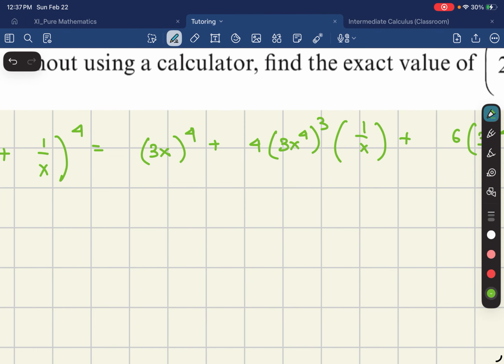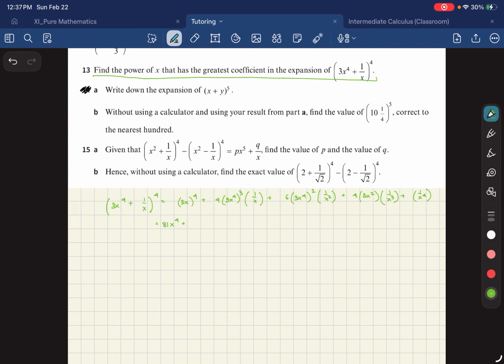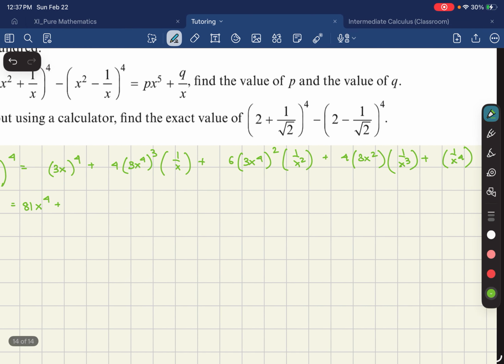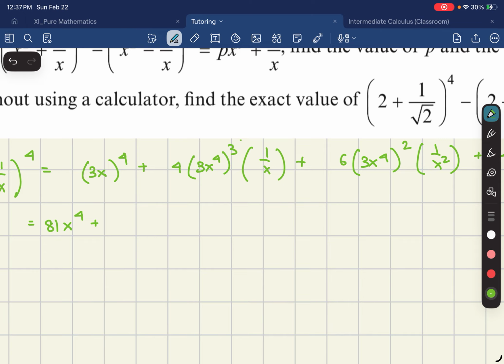So now if I simplify this, I get 81x to the power 4 plus, and you can just solve for everything. So that is 3 cubed is 27. 27 times 4 is 108.